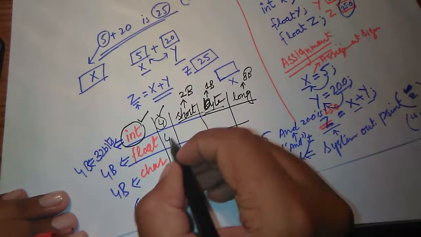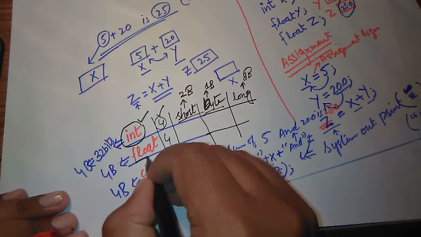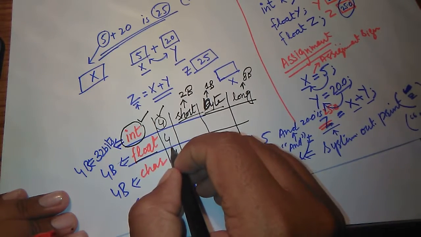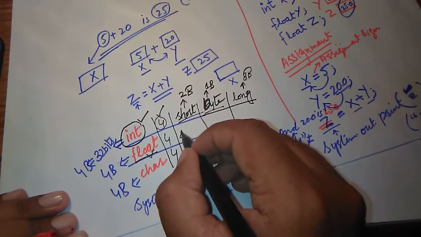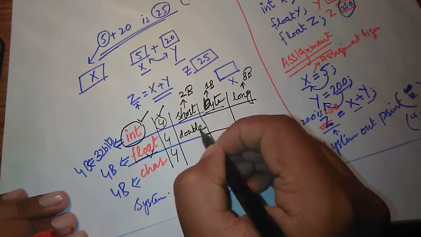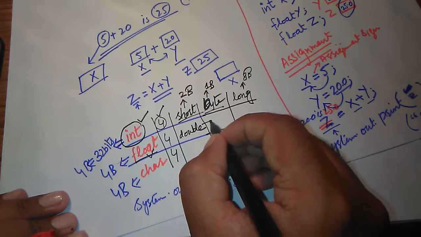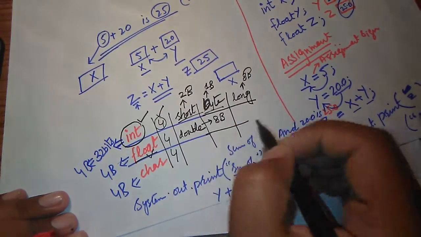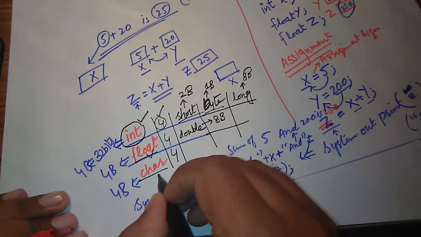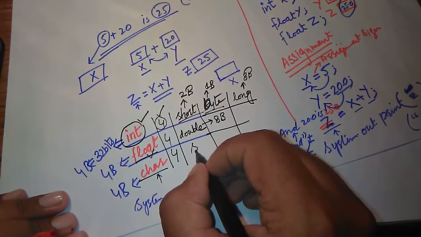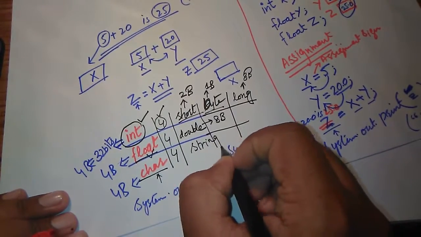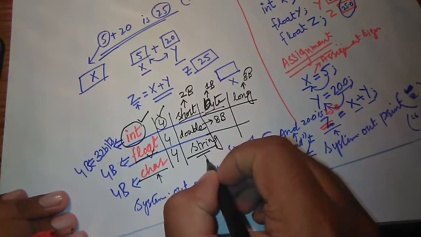Now what about this? The float data type has one type float and another type double. This is 8 bytes. And char has only a char type, and then the string type.